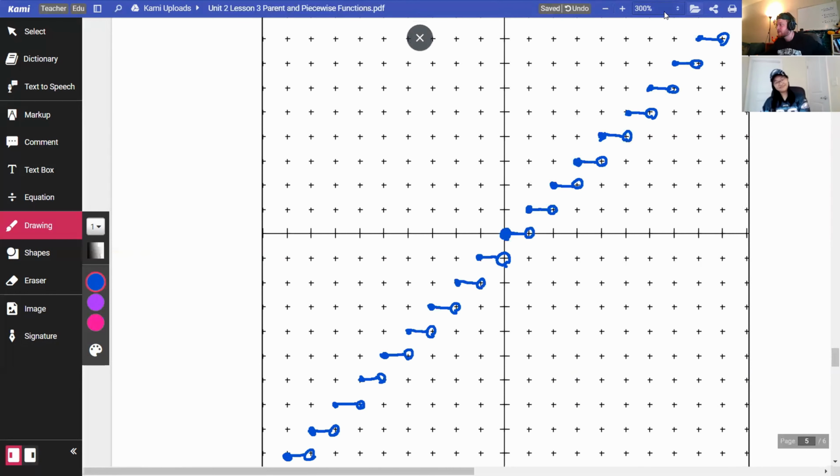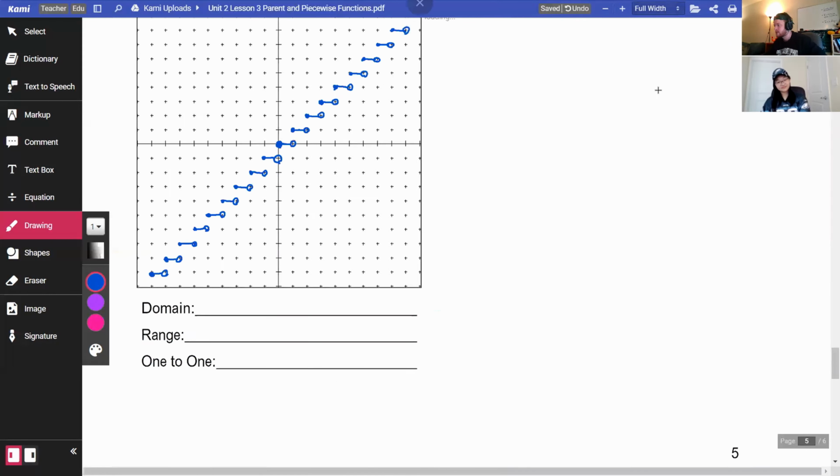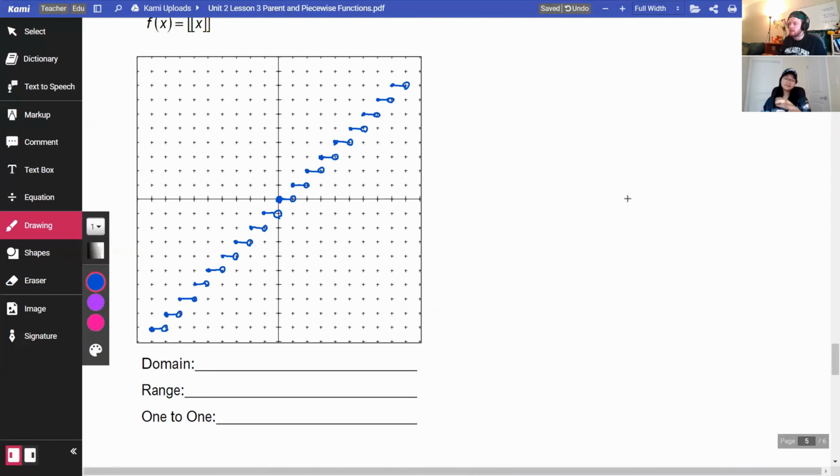All right, for all those people that use full width mode, let's get back to full width mode. Domain, range, and one-to-one. So the domain, we can plug in any number, so we have all real numbers. The range is only the integers.